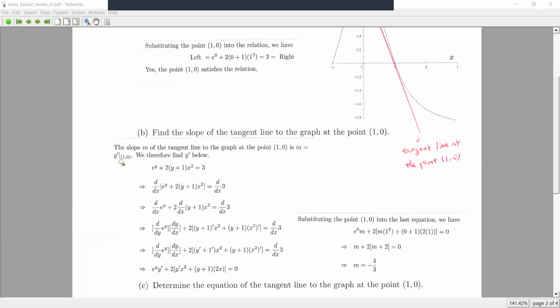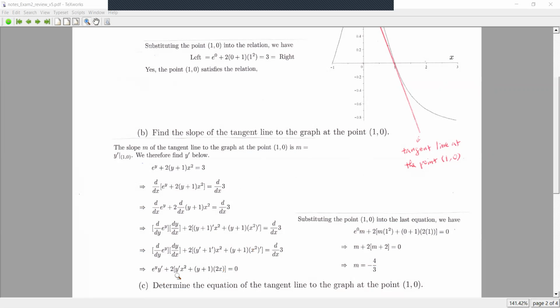Now, plug in the point (1, 0) into this equation. Plug the point into e to y, then we have e to 0 because y is 0 and x is 1. Plug the point into y prime, then we get m, the slope of this tangent line.